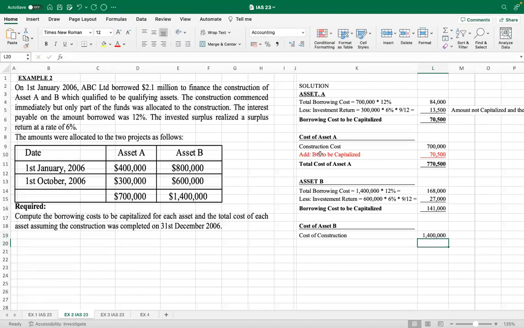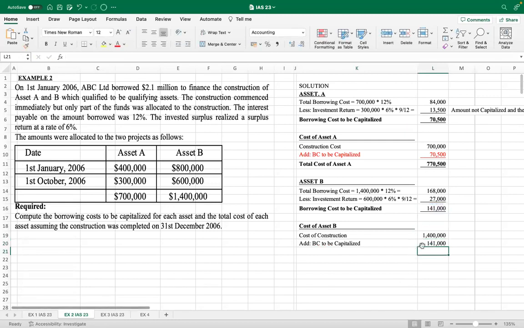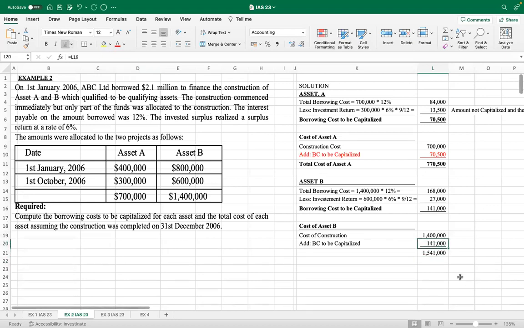And then you add the borrowing costs to be capitalized. So the borrowing cost to be capitalized is 141,000. So the total cost of the asset will be 1,541,000.